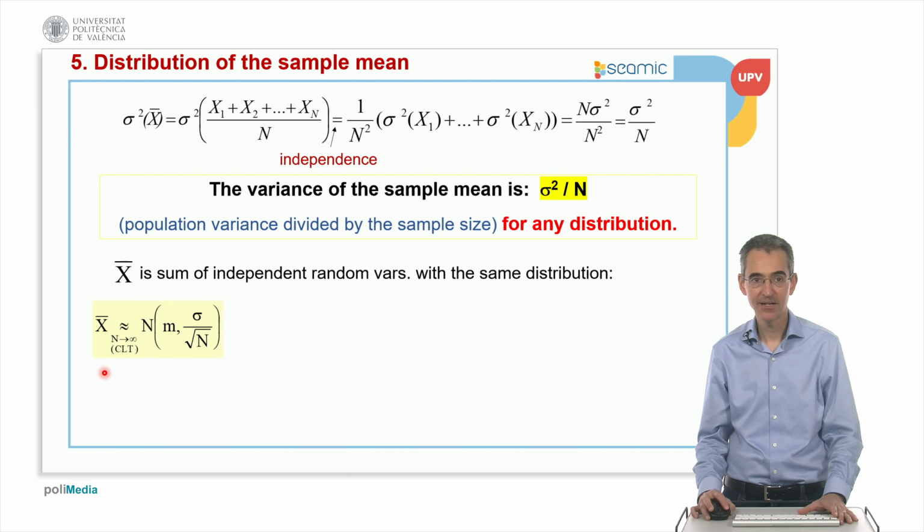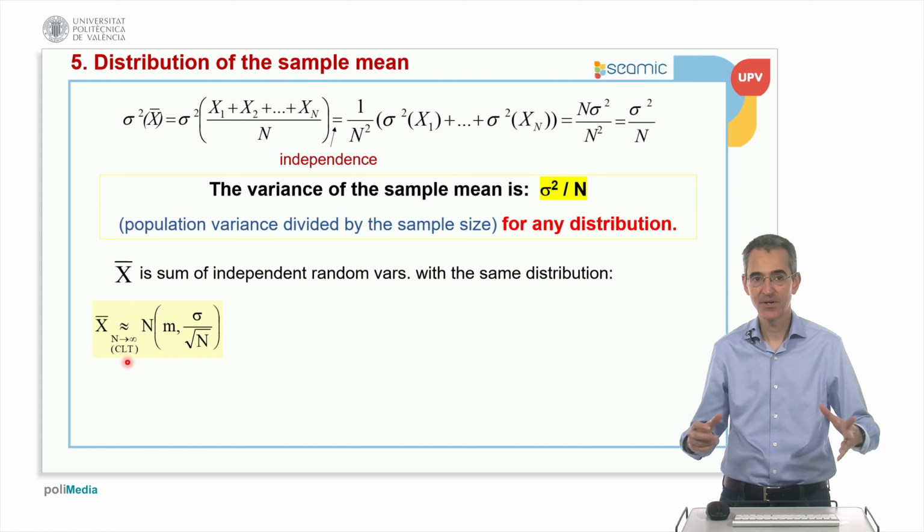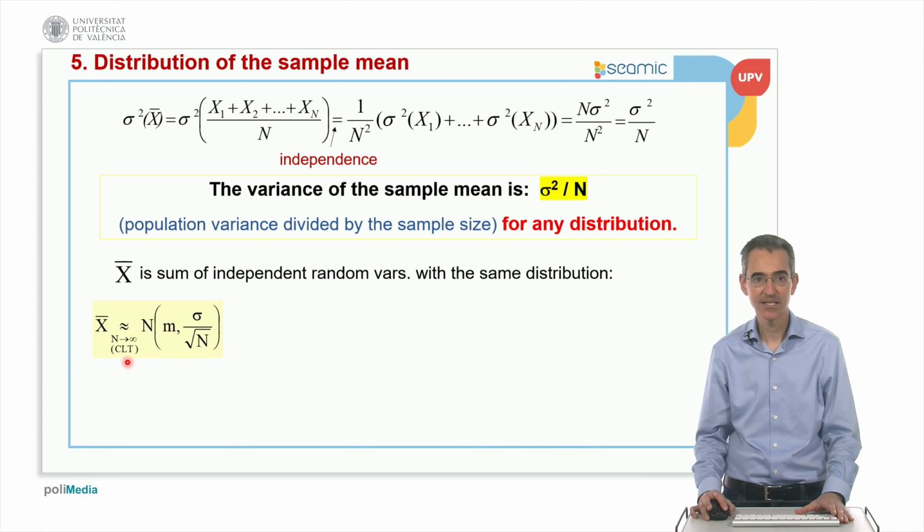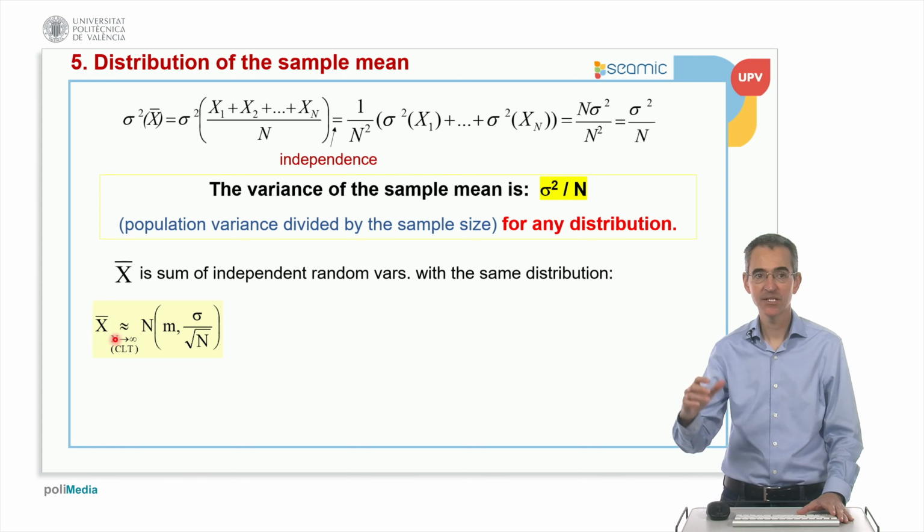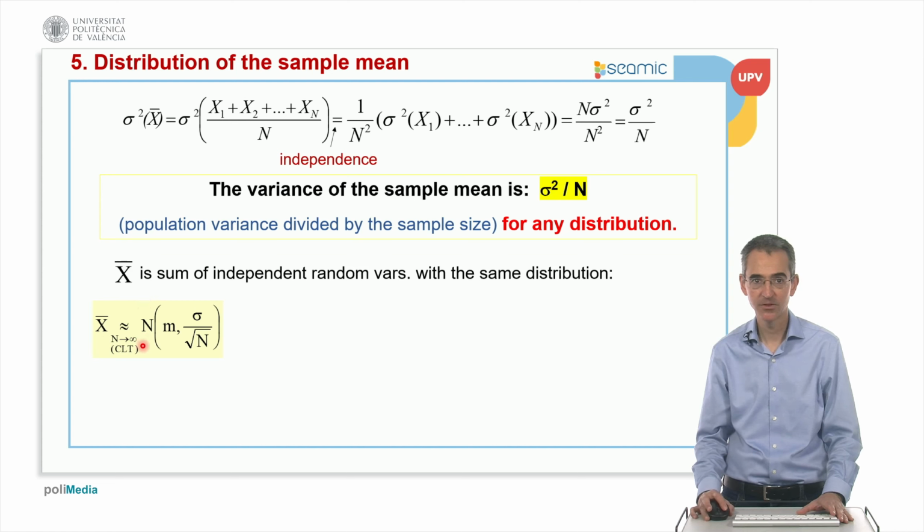So finally, if n is large enough, if n tends to infinity, although in practice it's not necessary to be excessively large, according to the central limit theorem, the sample mean will tend to be normal. So this normality depends on the sample size. If the distribution is not normal and the sample size is small, probably it's not normal.